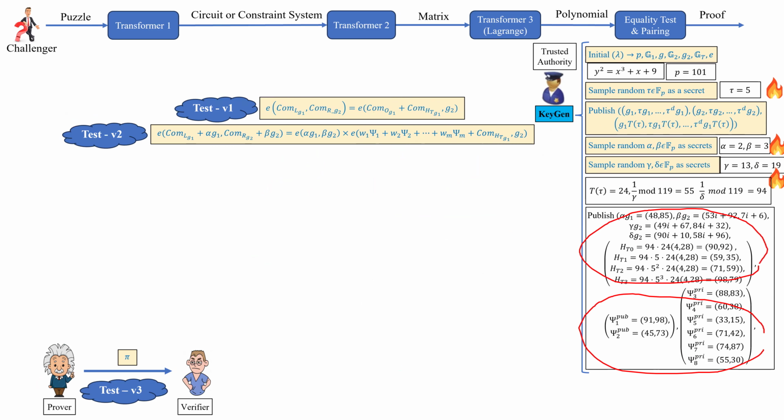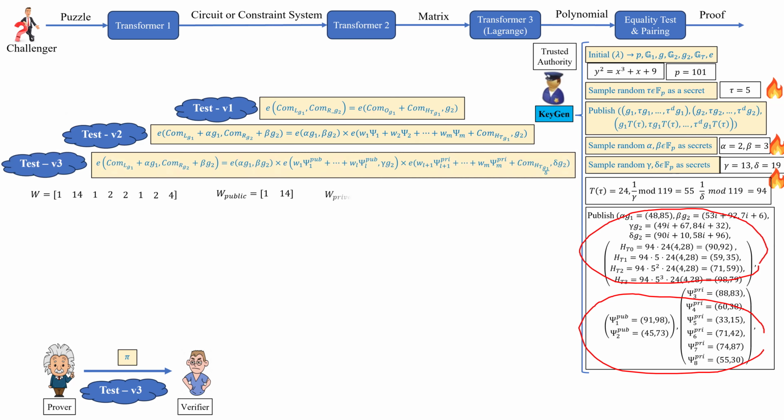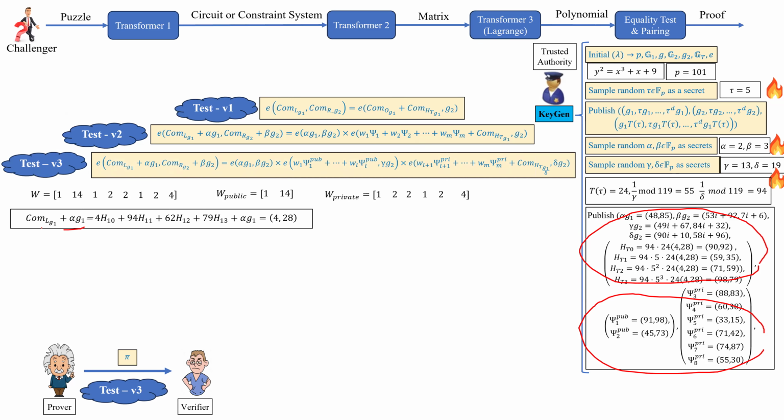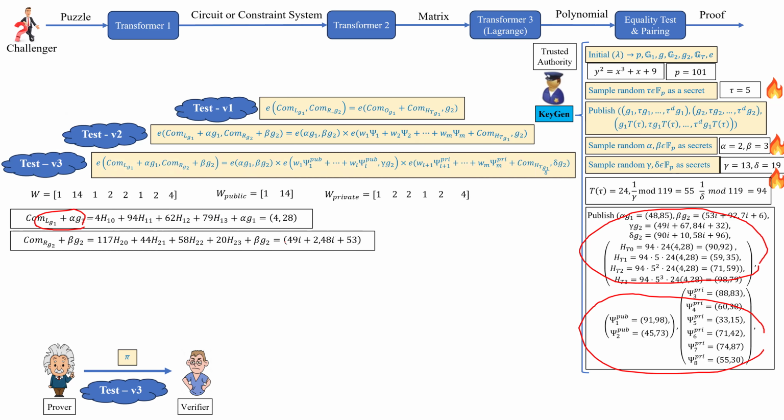Similar to the previous discussion, you can use our website to check all of these SRS values to ensure that they are computed correctly. Test version 3 says that the commit of L plus alpha G1 was computed in test version 2 already. The next one is also computed in test version 2.